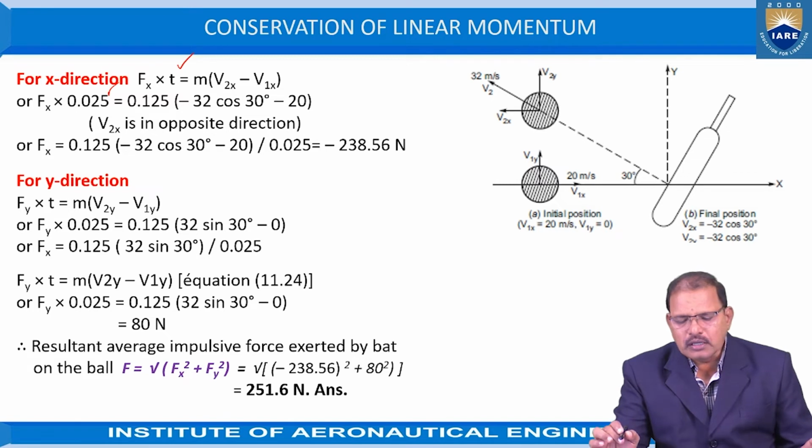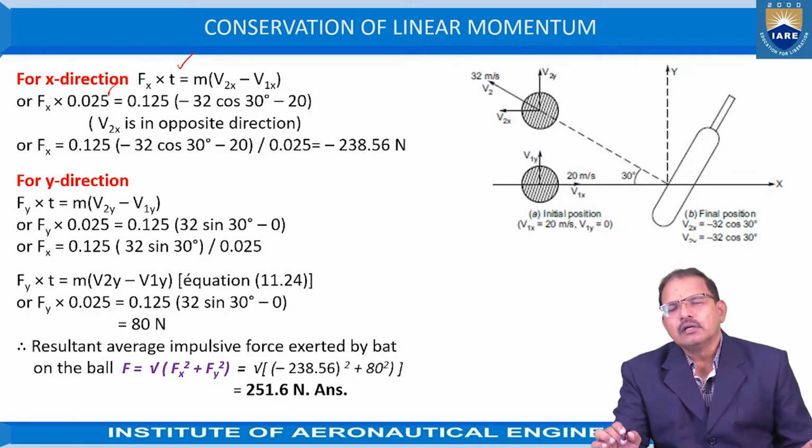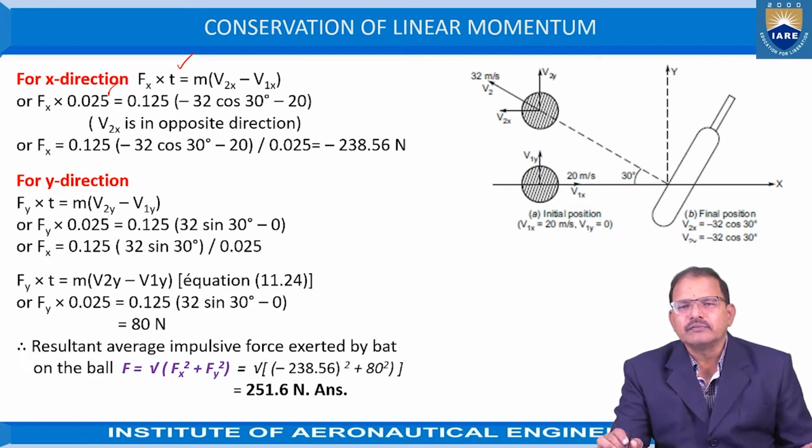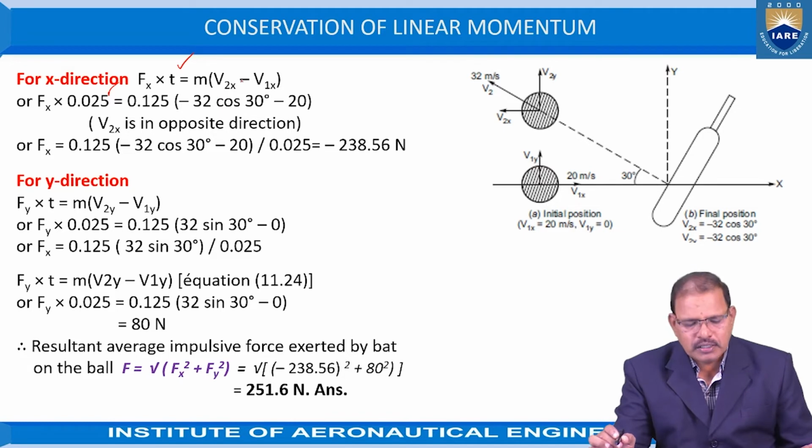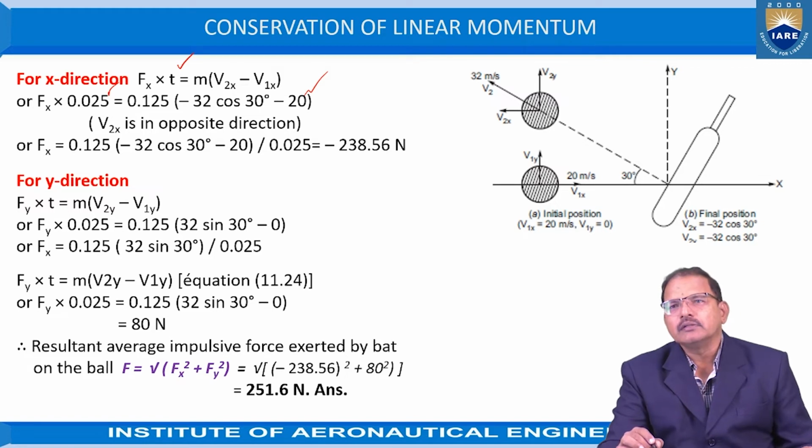Here the object is moving toward the left side, so we assume it is a negative sign: minus 32 cos 30 minus of positive 20, that becomes minus 20. From this relationship we got Fx equal to minus 238.56 newtons.